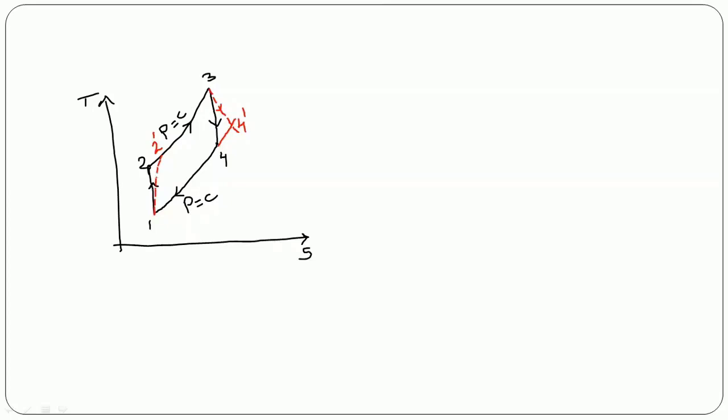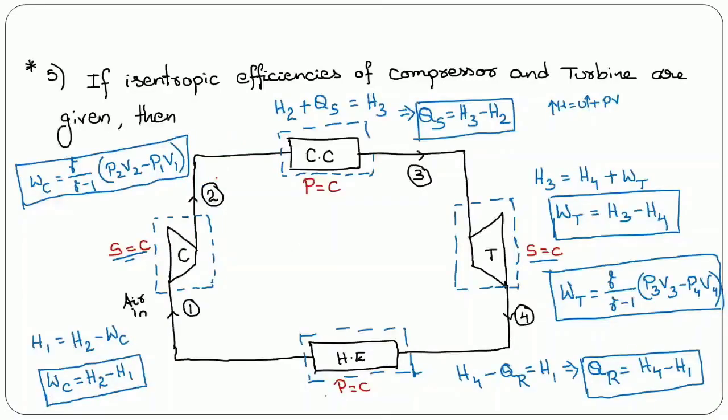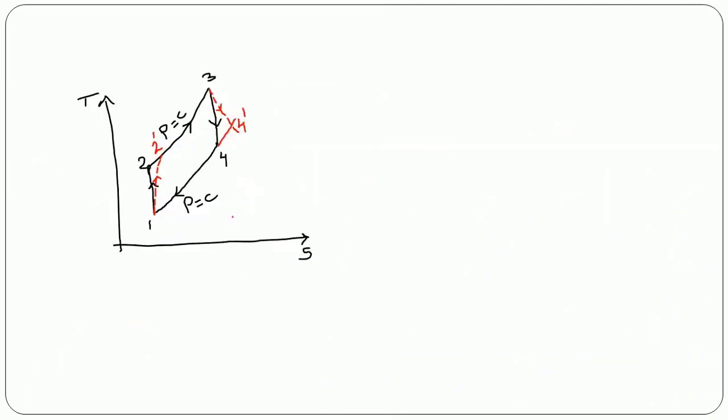So that means if isentropic efficiencies are given, we need to understand that the process that is happening during compression as well as expansion will no more be isentropic. Instead, it becomes adiabatic. So process 1 to 2 is representing isentropic compression, which is a reversible process.